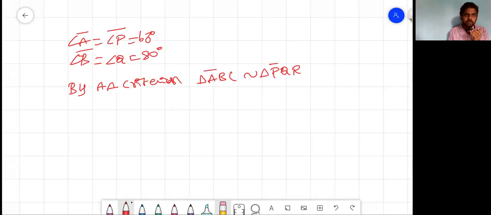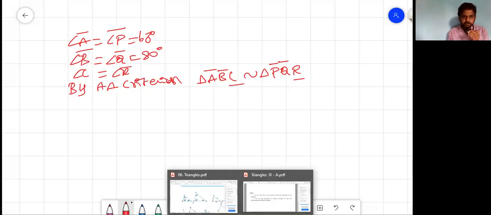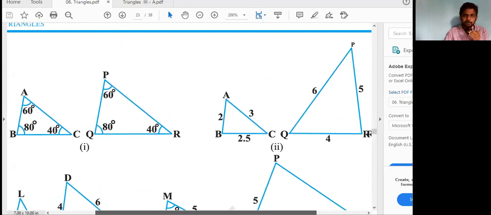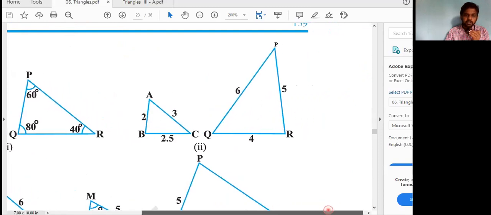So B in the second place, Q in the second place, which means the remaining is angle C in the third place, angle R in the third place. So it should be in the same order. Don't change the order here, as this will cause some confusion in problems. Right? So angle C is equal to angle R is equal to 40 degrees here. So this is by AAA or AA criterion.